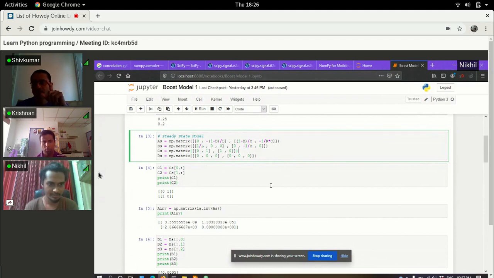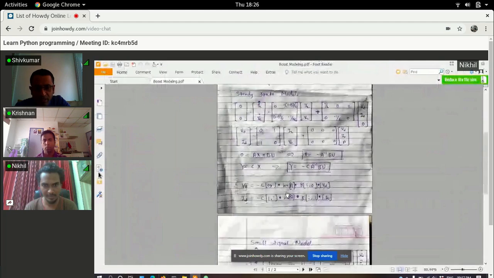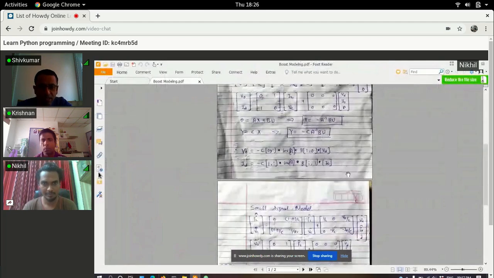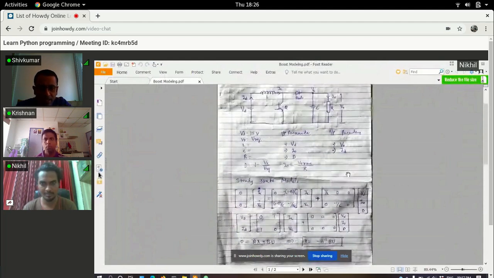I'm just checking the output. Can you show me your sketch? If you look at the above equations, you're using x dot is equal to Ax plus Bu, y is equal to Cx. In this case, what is your output?